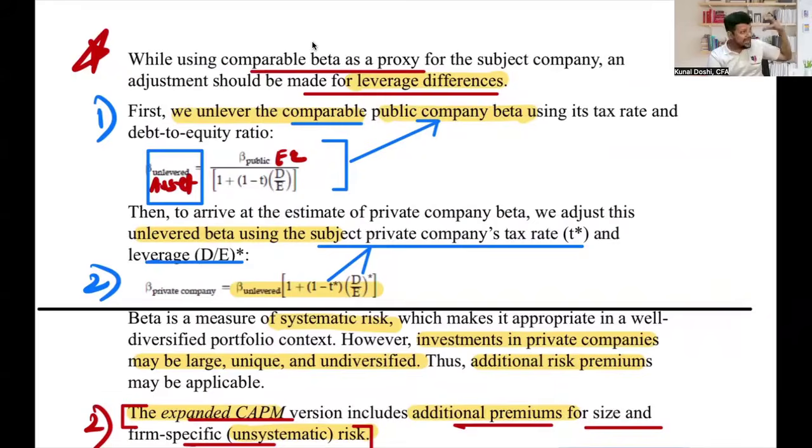I will use their asset beta, which is unlevered, and adjust for my company's debt-equity, leverage and taxes. Then I will get the equity beta. This lever-unlever process is generally used when we use the CAPM model. Remember, these types of adjustments are generally not accepted in many courts, including the US courts.